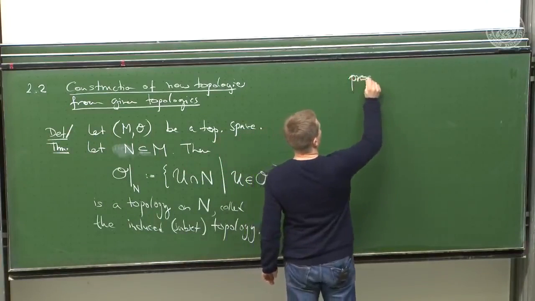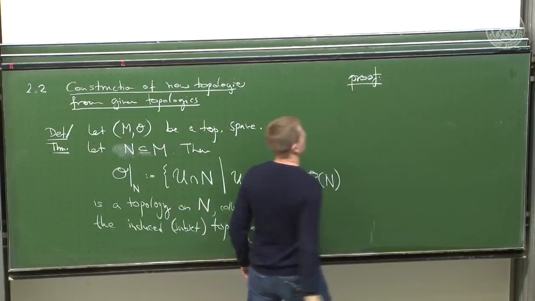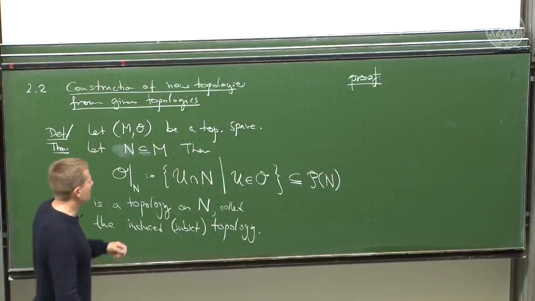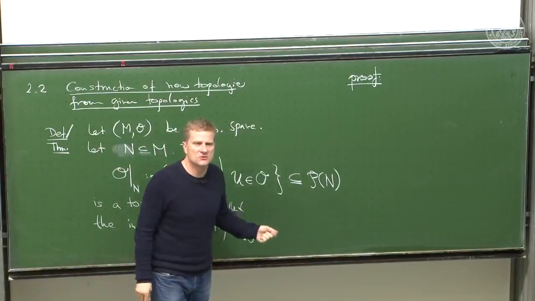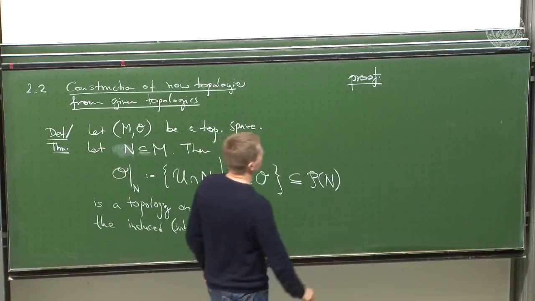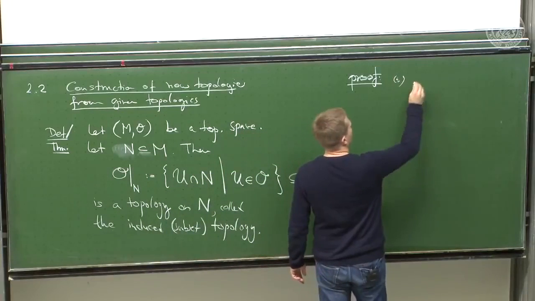So, proof. It can be boring to go through these proofs, but I think for the first two or three definitions it's quite useful to get a feeling of how this works. So you always ask the same questions.